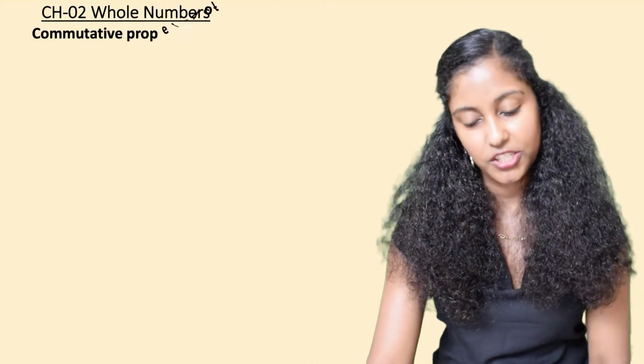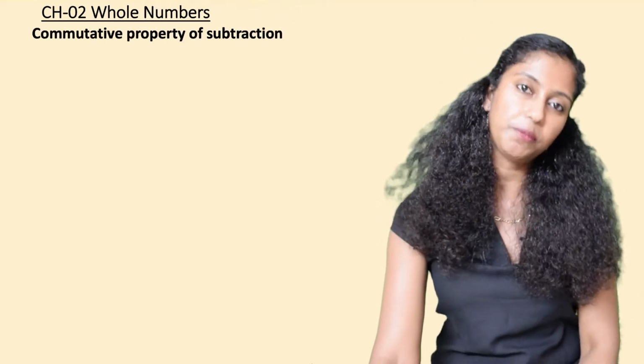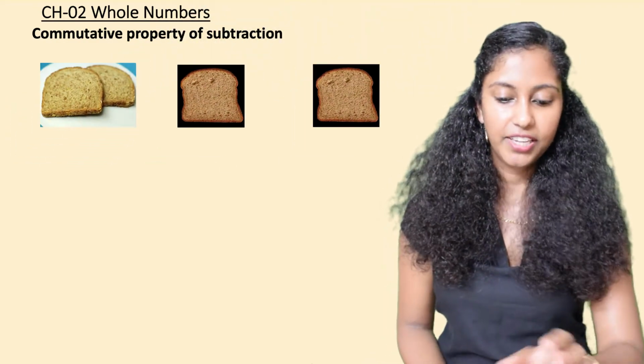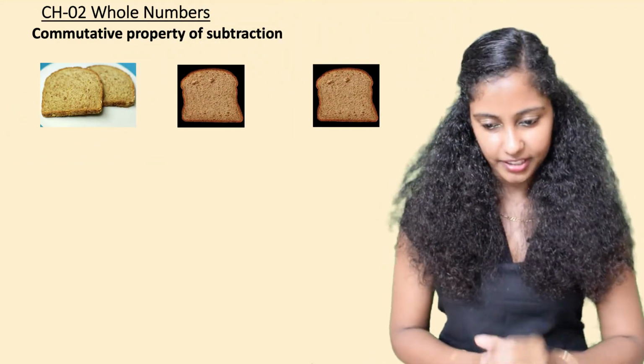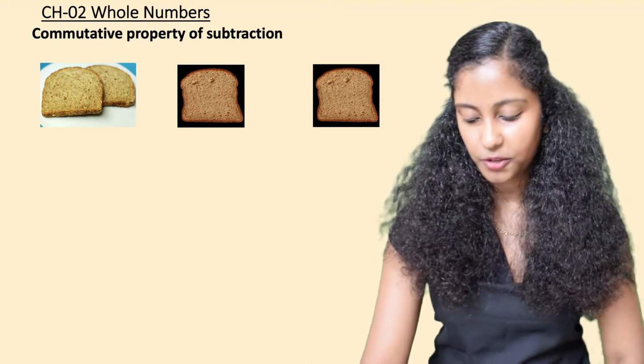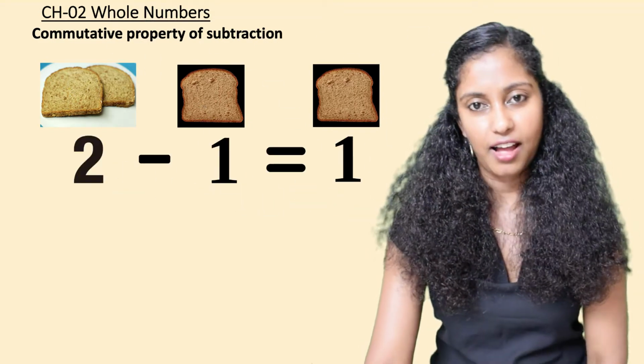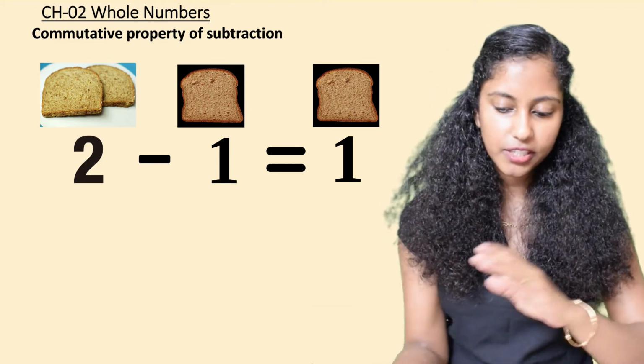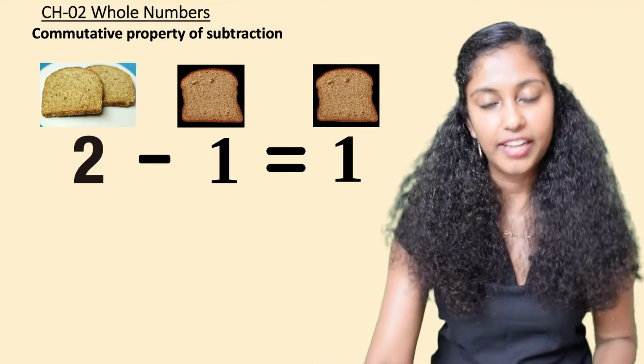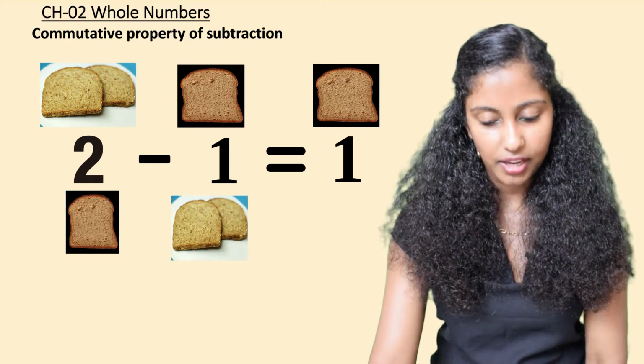Now let us check the same thing for subtraction, if it is valid or not. We'll just see the commutative property of subtraction. So here we have two slices of bread, then we have one slice of bread. So here what we are seeing is, if 2 minus 1 is done, we get the answer 1. Now let us interchange the positions and see if we get the same answer.